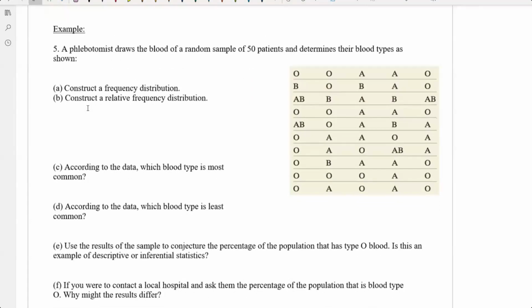Okay, another example. I think you have the same thing in your homework. So this is the table we have for blood type, and we want to construct a frequency distribution and relative frequency.